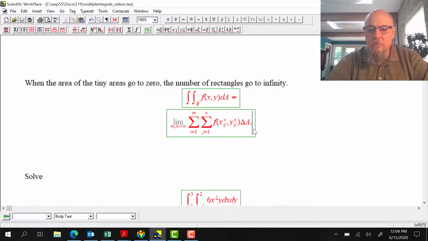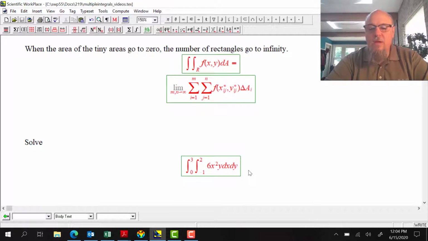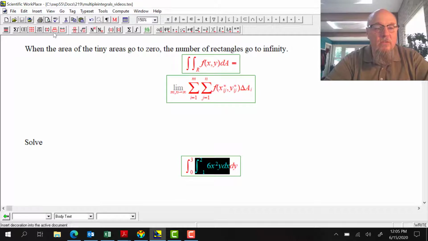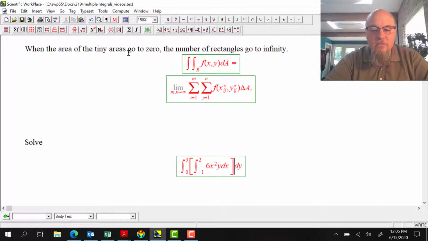And it comes out of our limit definition of an integral. So here's another example, and this one's just written as, there's no mention of this being a volume or any region. It's just, here's an integral, evaluate it. So the inner integral has to do with the dx's, because it has to do with the x's because it says dx.